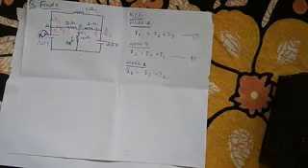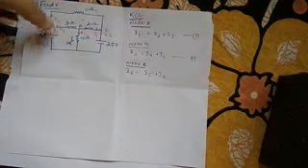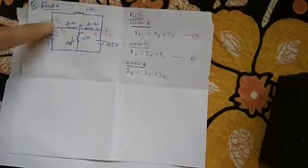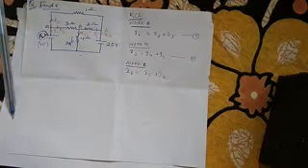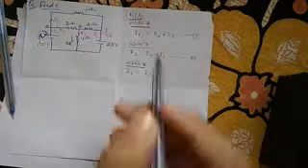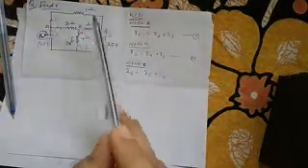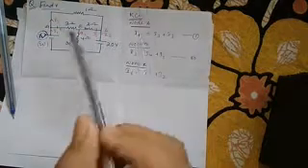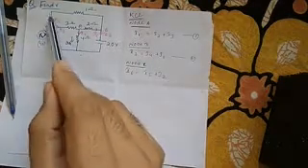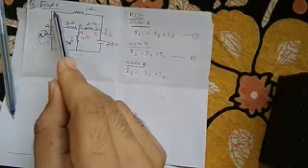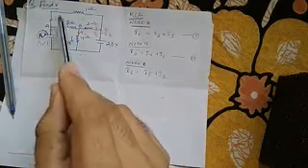I want to say that the assumptions will be according to you. You can take any assumption. You can take I1 in this side also. You can take I2 in the opposite side also. You can take I3 in this side also. All the assumptions will be according to you, and the answers will come according to your assumptions. If you take I2 in this direction and the answer is I2 in the other direction, then I2 will come out negative.